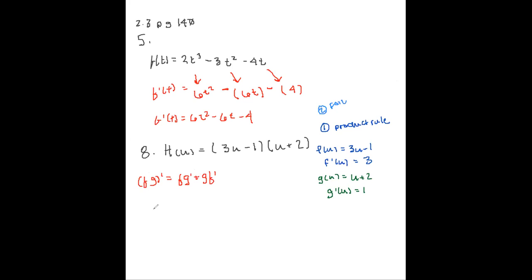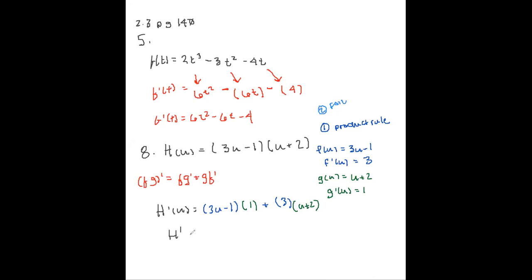So h prime of u is going to be equal to f g prime, or 3u minus 1 times 1, plus f prime, or 3 times g, u plus 2.